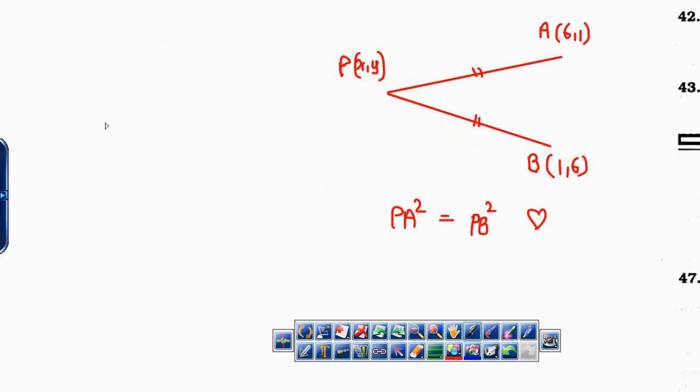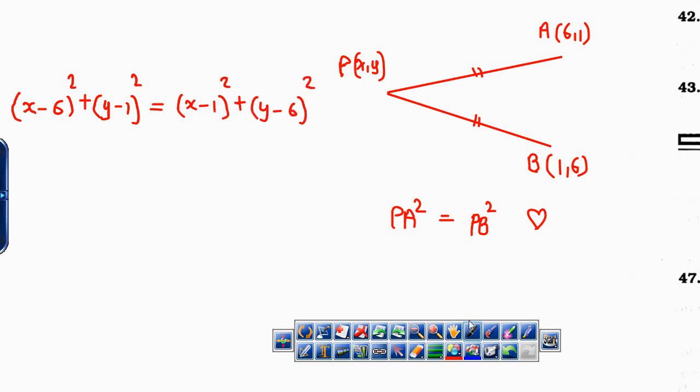Applying distance formula, PA square is (x - 6) whole square plus (y - 1) whole square, and PB square is (x - 1) whole square plus (y - 6) whole square.